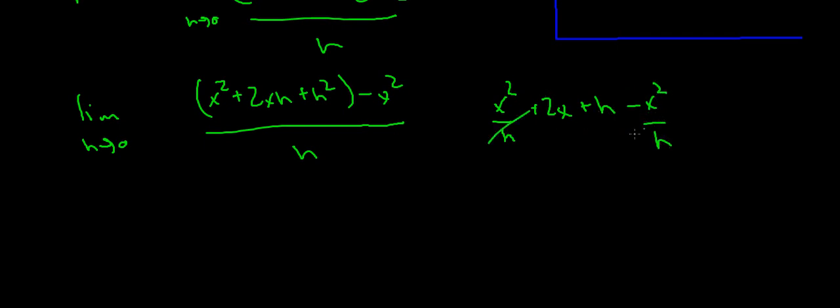So these will cancel each other out, and then I'm left with the limit as h goes to 0 of 2x plus h. This h doesn't do anything, and as h goes to 0, it vanishes. So the derivative of this function is equal to 2x.